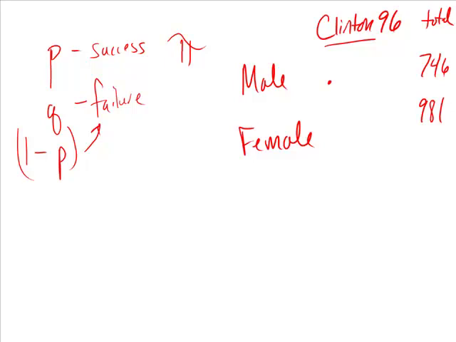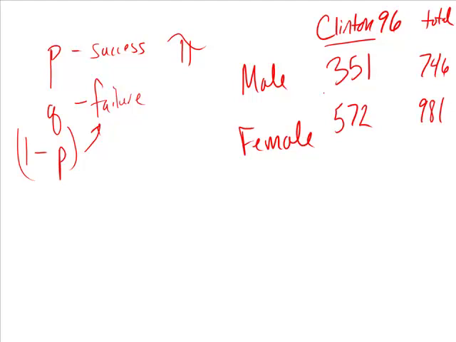When it came to voting for Bill Clinton in 1996, the data I have says that 350 men voted for Bill Clinton, and 572 women voted for Bill Clinton.